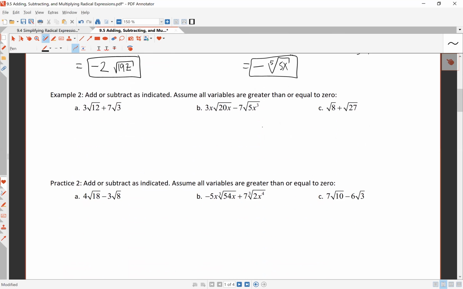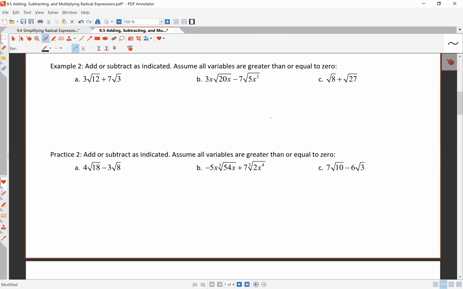Example 2. Add or subtract as indicated and assume that all variables are greater than or equal to 0. We do not have the same radicand underneath these square roots, so we need to simplify these first. Square root of 12 is the square root of 4 times 3, or 2 square root of 3.